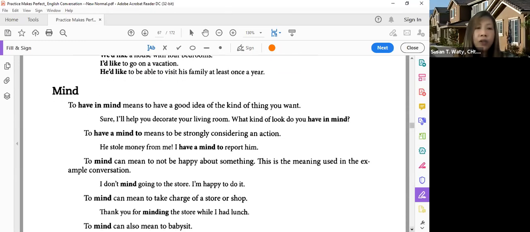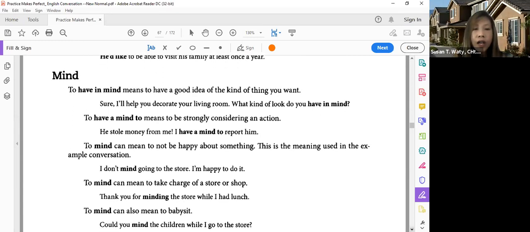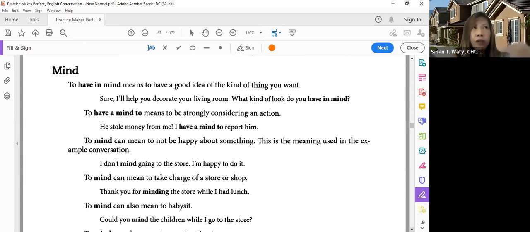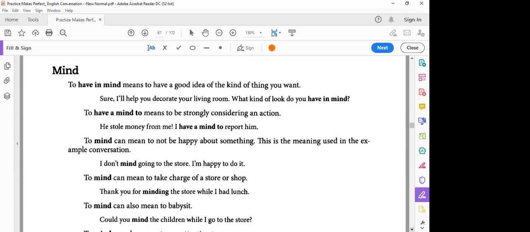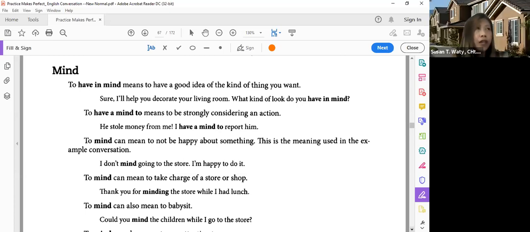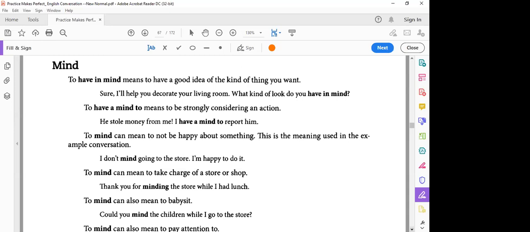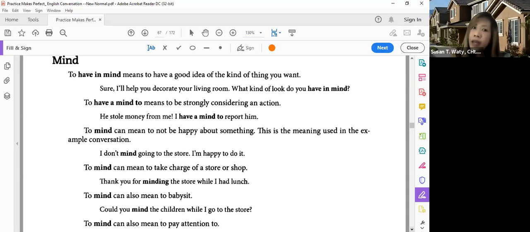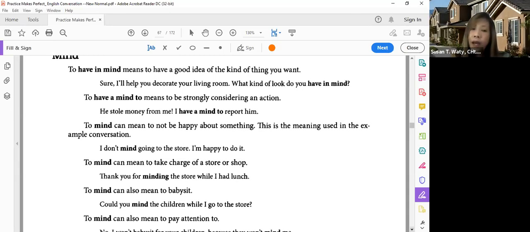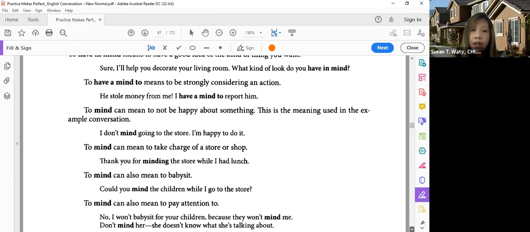Okay, when you have the word verb plus ing, it's either gonna be present continuous tense, and then you use mind. Yes, there you go. When you have mind, the verb has to be plus ing.